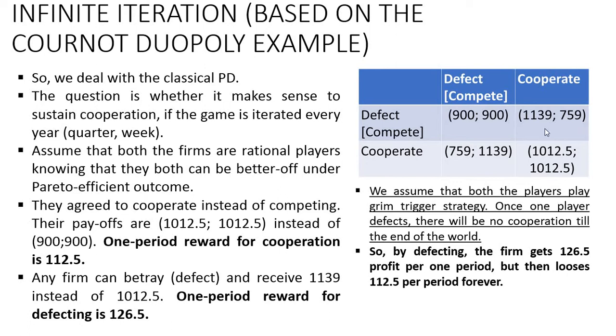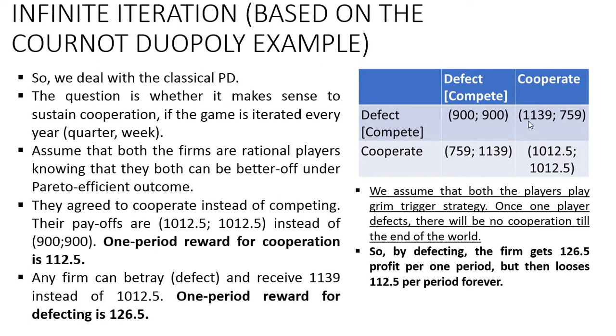However, if we agree to cooperate, okay, so if two firms agree to cooperate, then the first firm will always have a temptation to defect. So basically, if we are in this cell and the second firm decides to change the strategy and compete instead of cooperating, then we move from this cell to this cell.